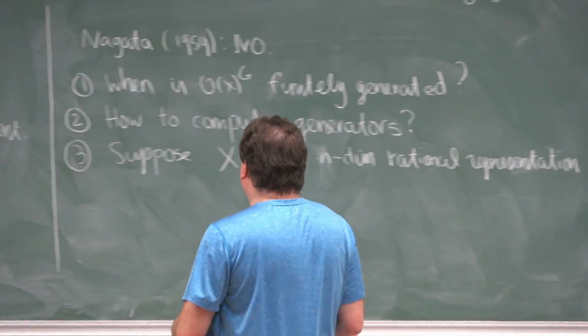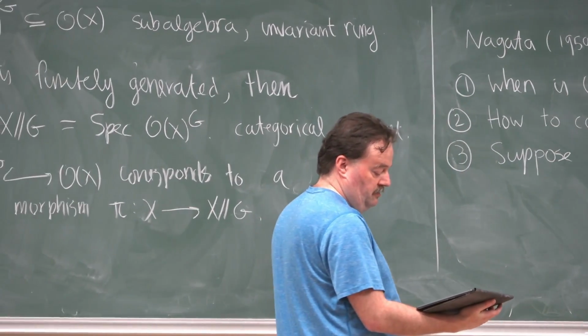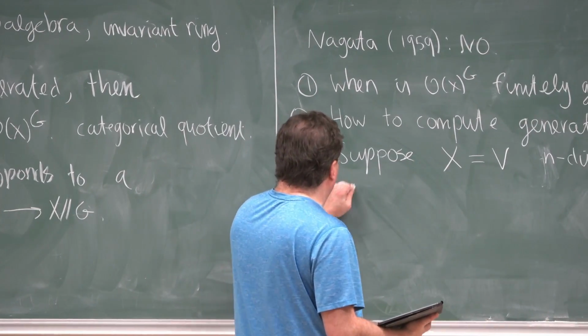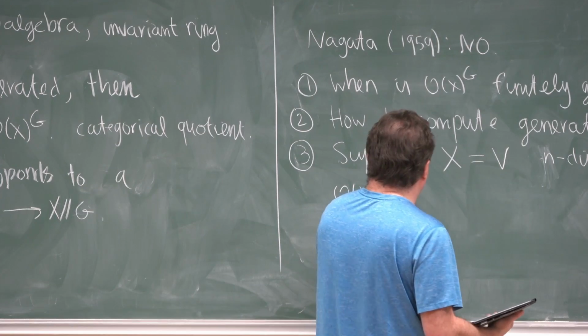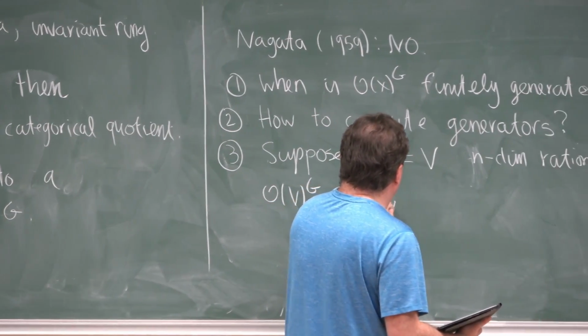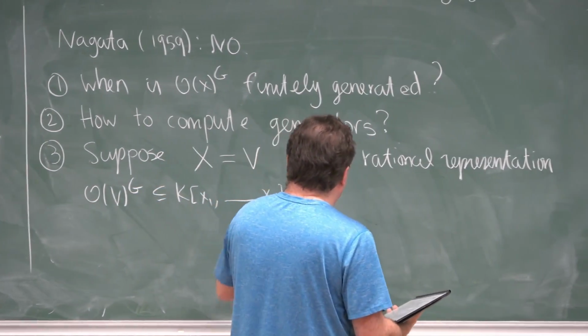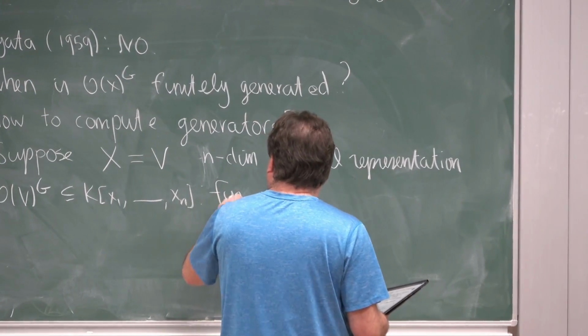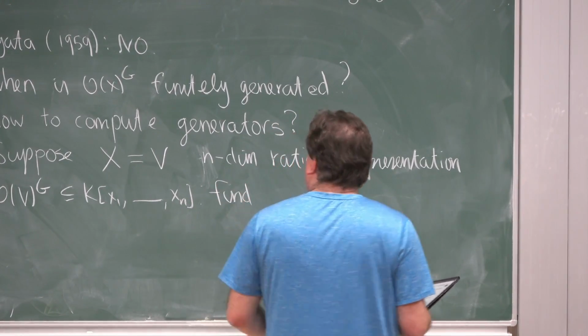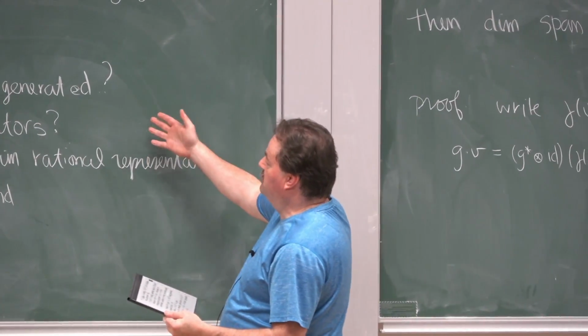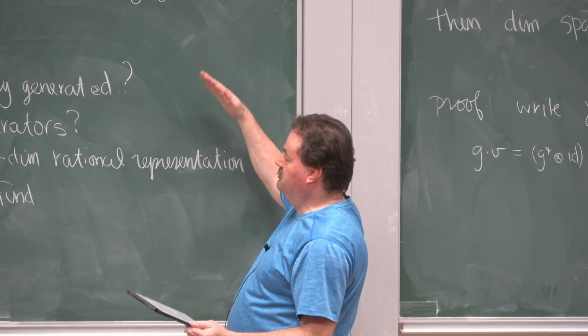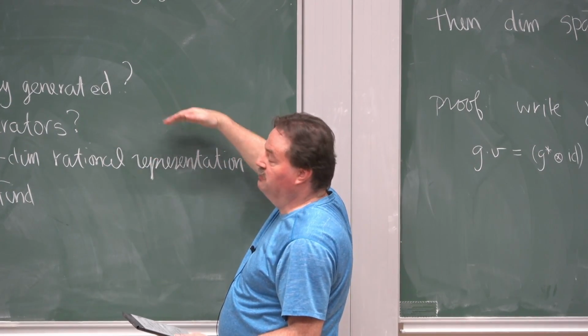Then O of V is just a polynomial ring. So instead of actually giving the generators, can you give some degree bounds, to which degree one has to go to find all generators?